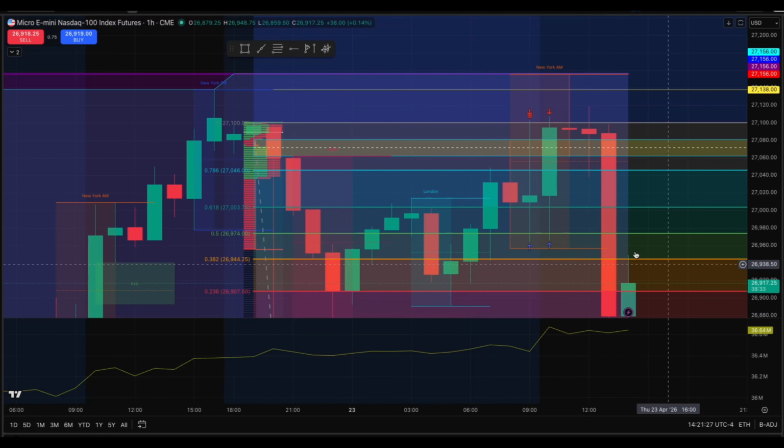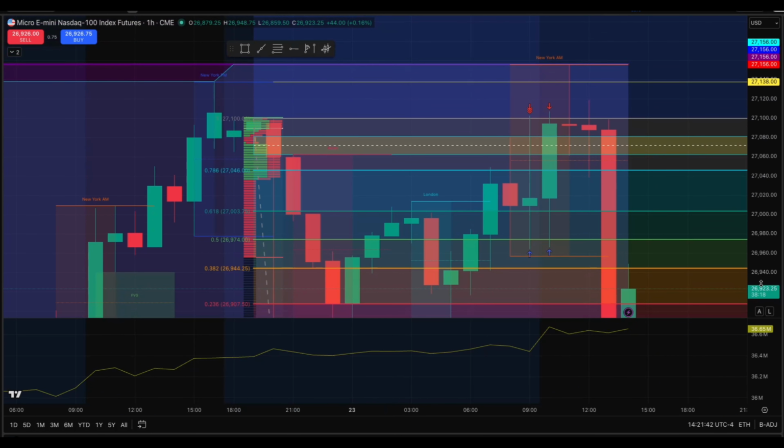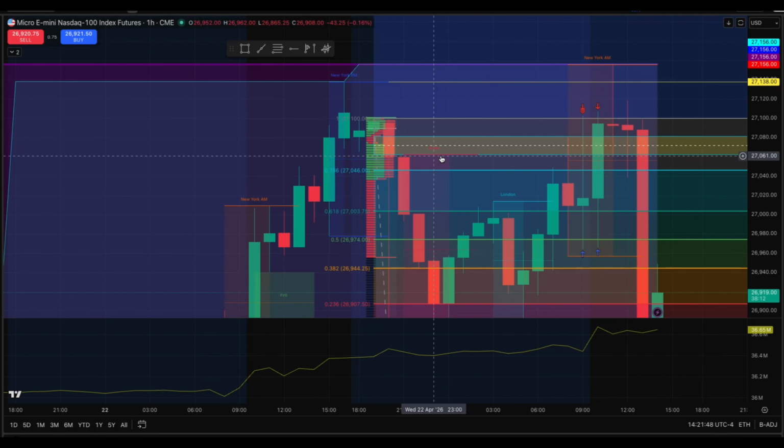This would have been our main imbalance, but because there's no valid OTE here, because you can see how this one has a less amount of sellers, so there's less orders filled here as opposed to this one over here in the OTE range. That's why this one over here would have been no good. And yep. So then let me show you my trades.